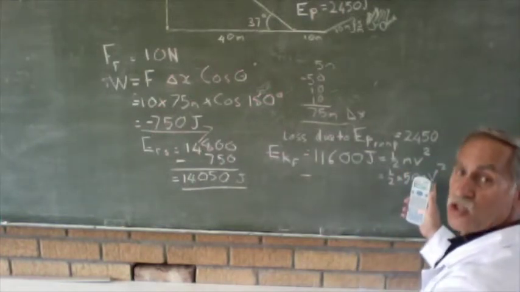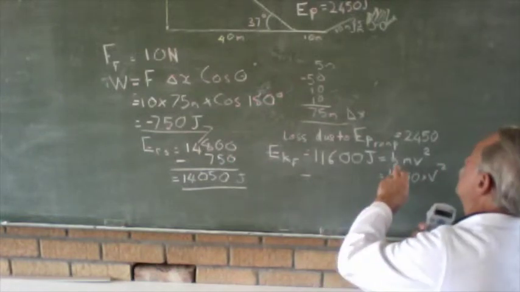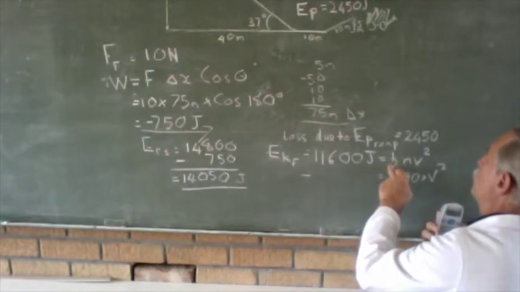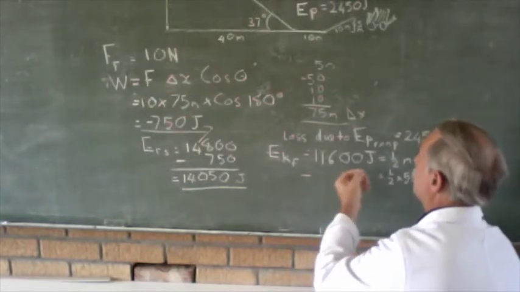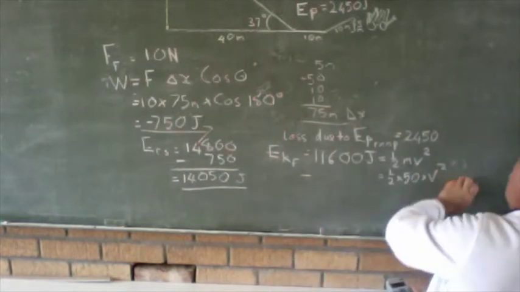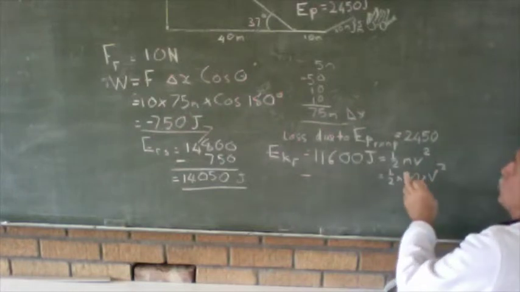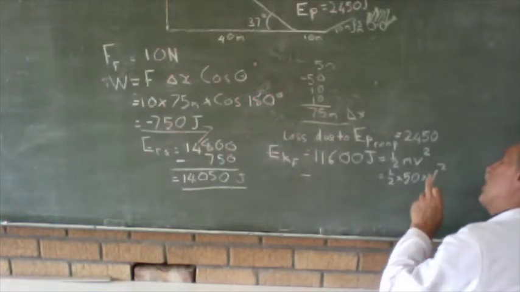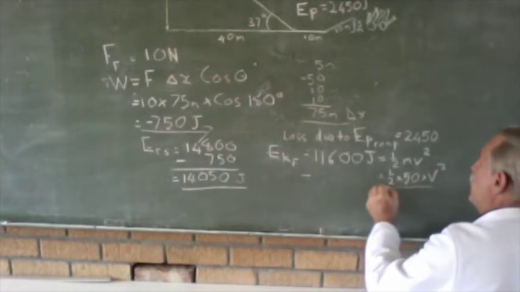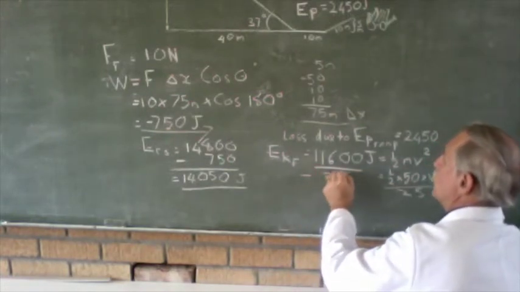So let's solve for v. We're going to multiply both sides by 2. We're a bit short of space here. We're going to multiply both sides by 2 and divide both sides by 50, or in fact, half of 50 is 25, so we're going to divide both sides by 25. That will fit in easier.